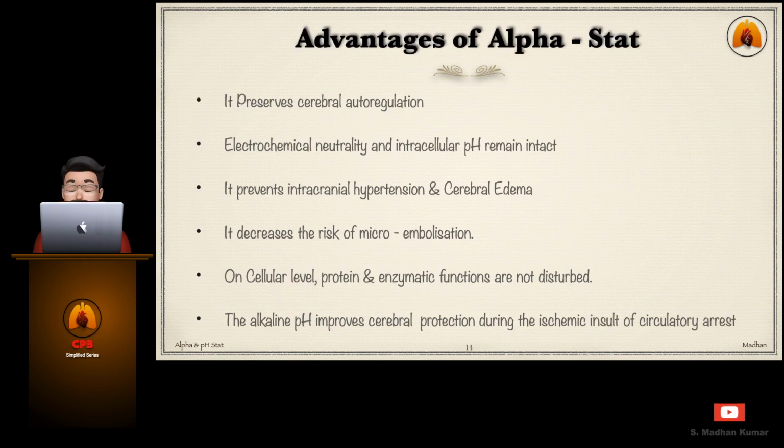The advantages of alpha stat management are that it preserves cerebral autoregulation even at low mean arterial pressure. Cerebral autoregulation is a homeostatic process that regulates and maintains cerebral blood flow constant and matched to cerebral metabolic demand across a range of systemic blood pressure.